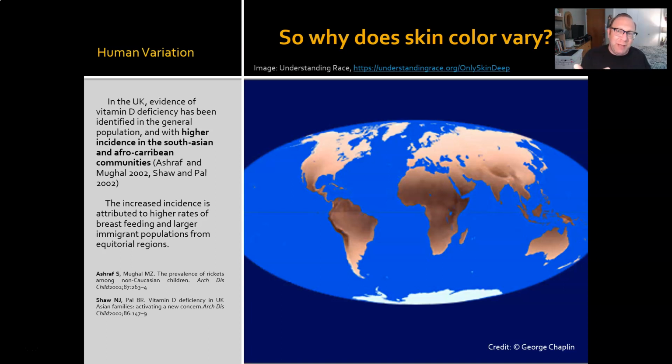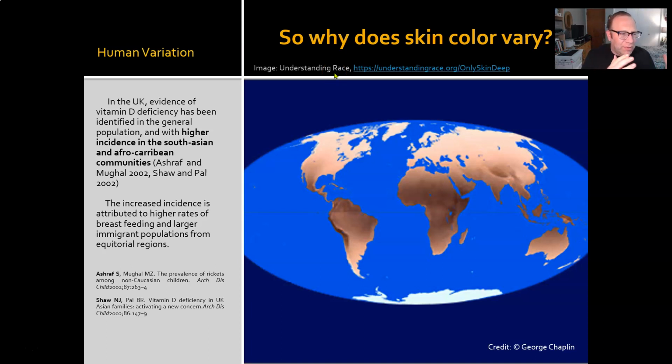So light-skinned babies, as long as they got some exposure to sunlight, even in the winter, were going to be relatively okay. Dark-skinned babies, on the other hand, would have trouble, and did have trouble. And so that was the explanation for this outbreak of vitamin D deficiencies in those communities, which are more likely to have people with darker skin.